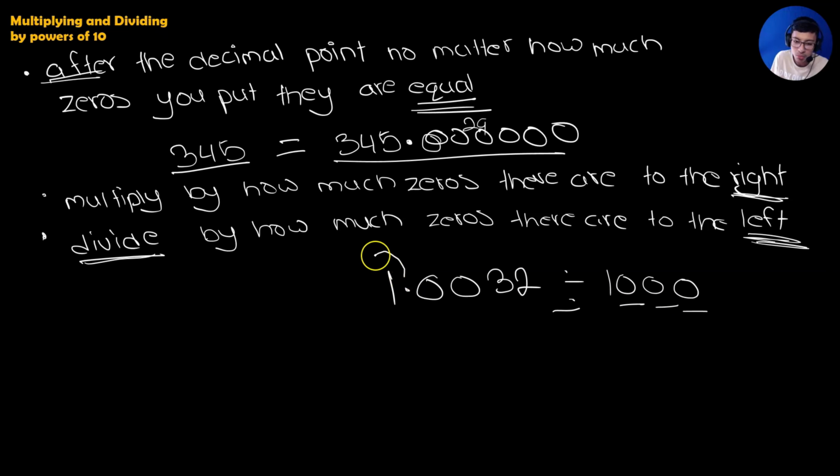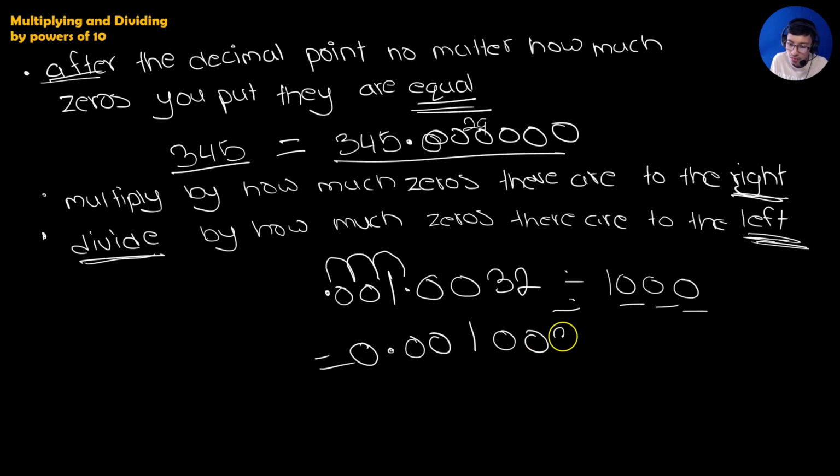So we're going once, twice, 0, and thrice. So another 0, and our decimal point goes here. So our answer is 0.0010032. So that is our answer.